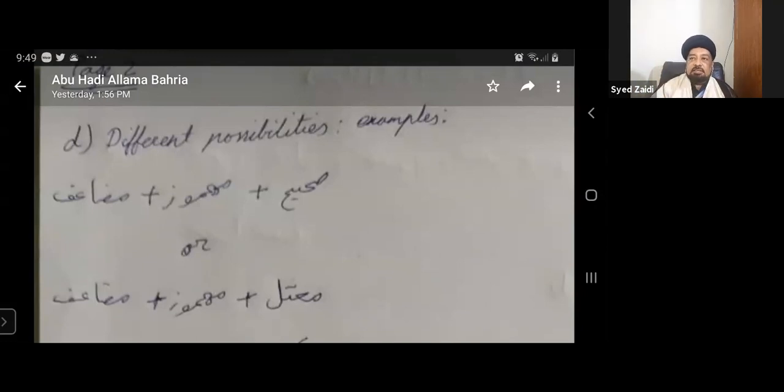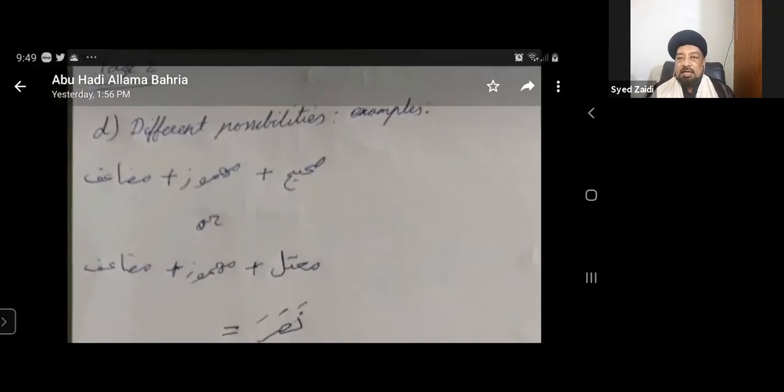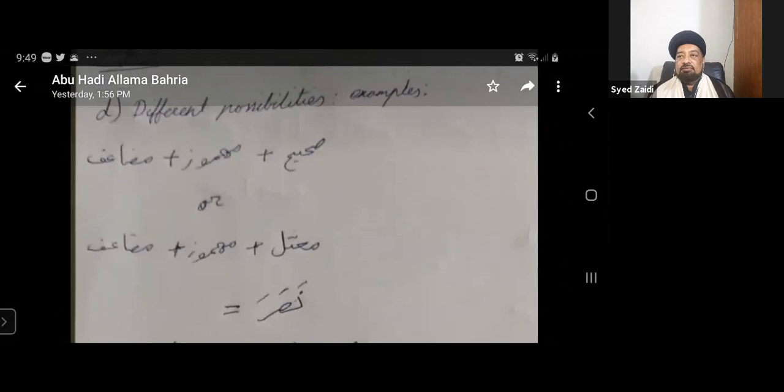Then the next letter could be hamza. And also the next letter again can be hamza again. Now, if you find that type of a word, it can be mu'tal and mahmuz and muza'af. And you can have a word that is sahih and mahmuz and muza'af.